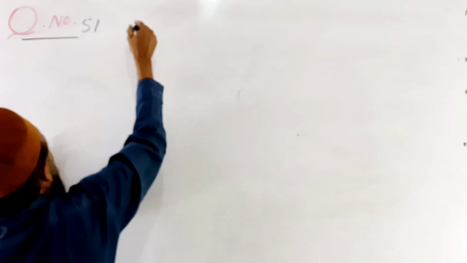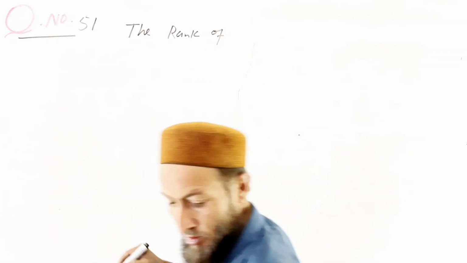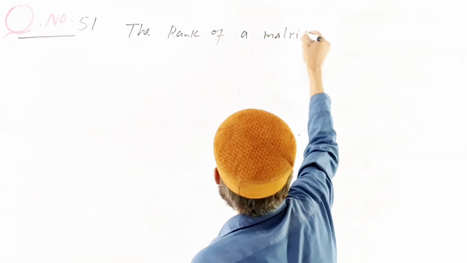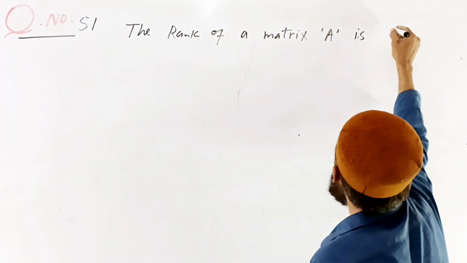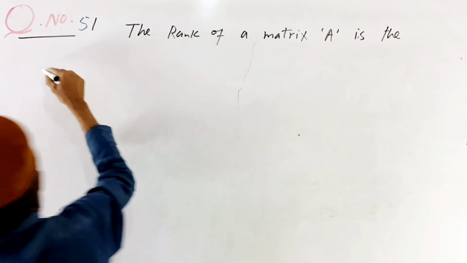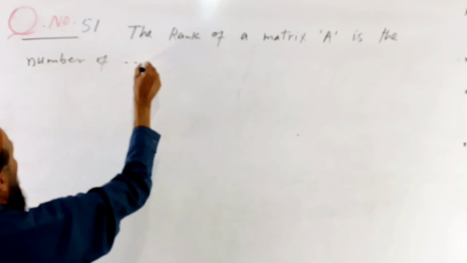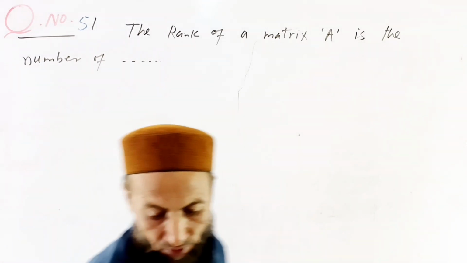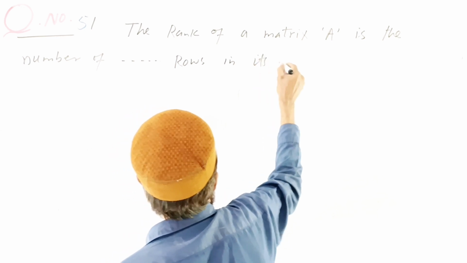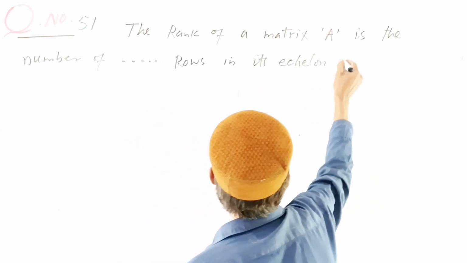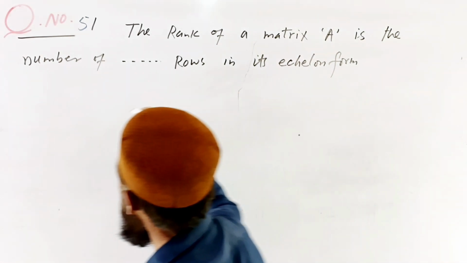Question number 51. The rank of a matrix A is the number of rows in its echelon form is called.